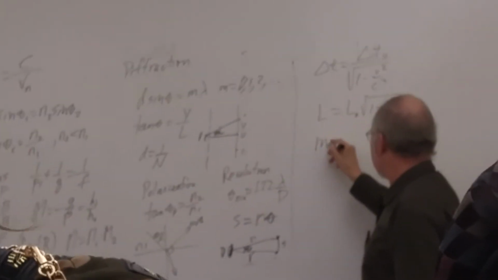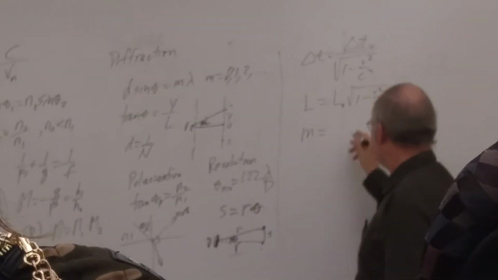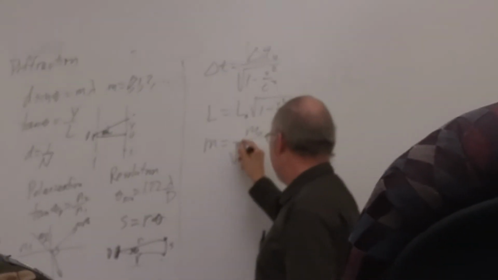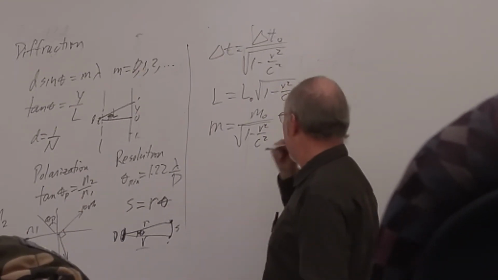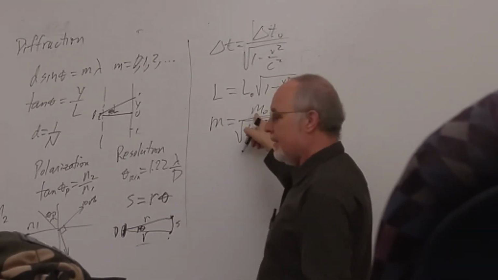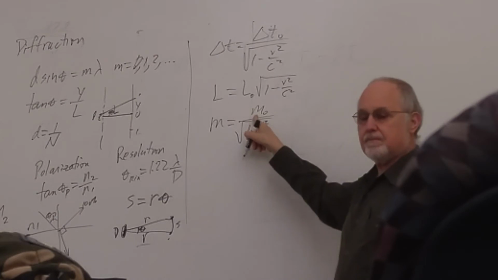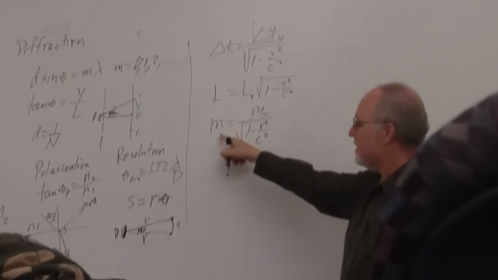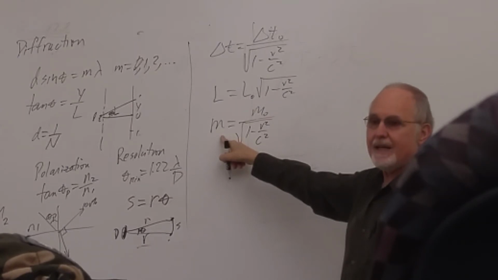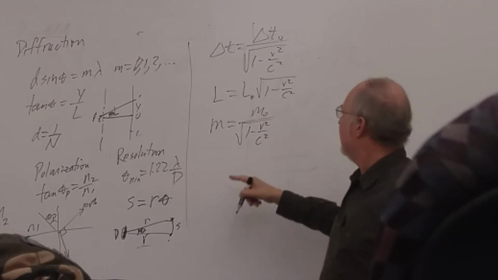And then the mass, effectively, is the rest mass when it's not moving, divided by that square root, 1 minus v squared over c squared. M naught here is always the mass of the particle or object when it's not moving. This is the effective mass when it is moving, or what appears to be the mass when it is moving.